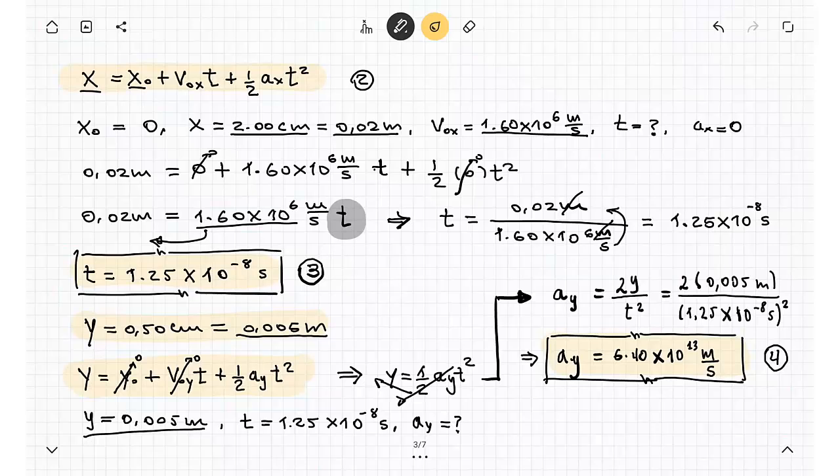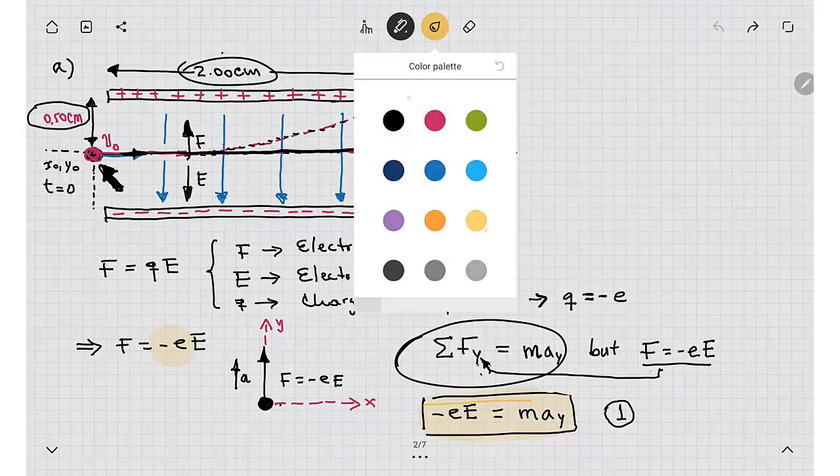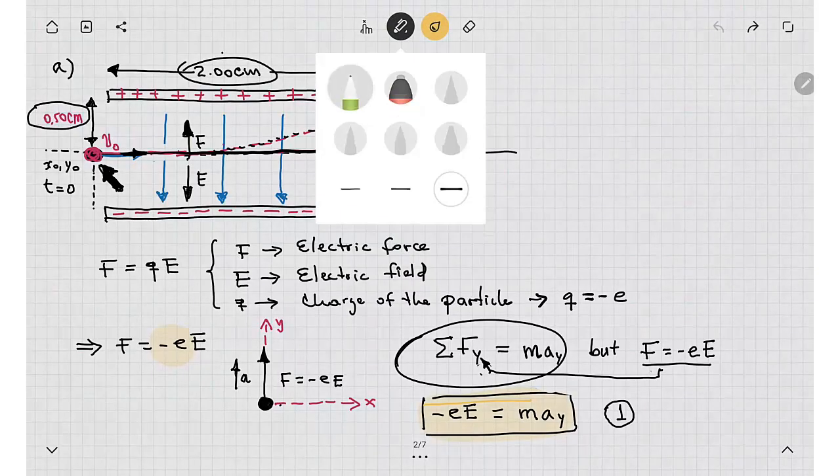Then we remember that the acceleration is produced by the electric force, right? Because of Newton's second law: there is a force, then there is some acceleration. And we remember this equation, number 1.